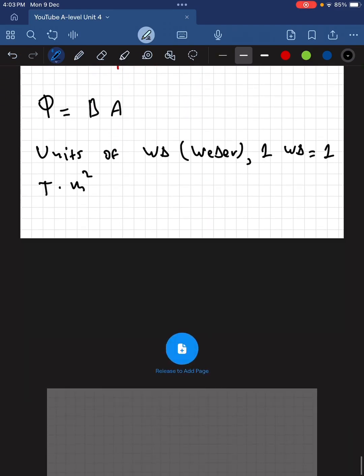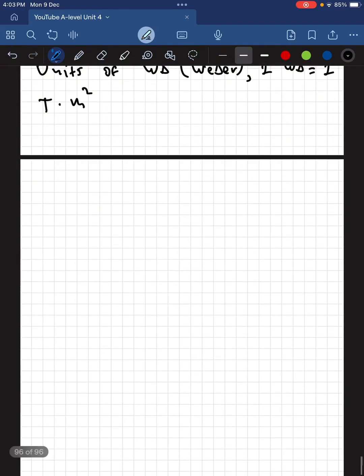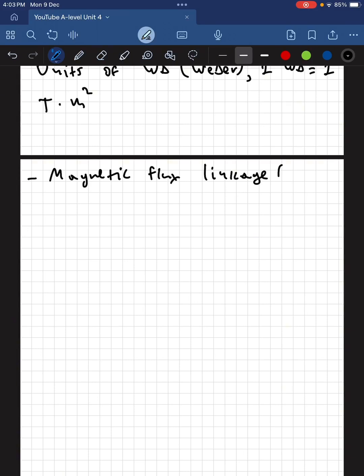Now, let's quickly define the concept of magnetic flux linkage, which is simply N phi, okay? Why is it N phi?